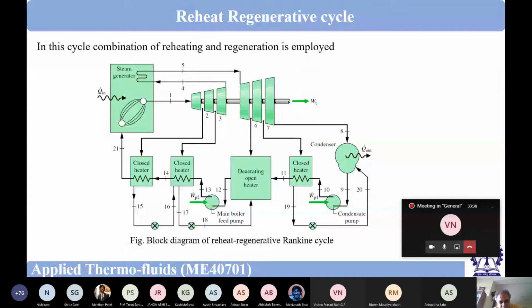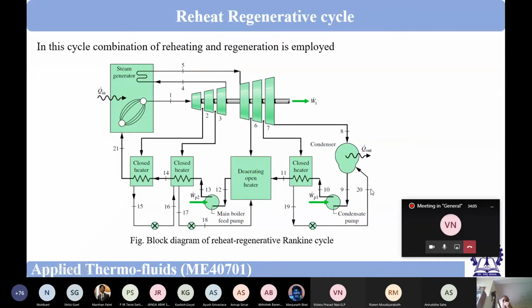Now, in many power plants this arrangement is there, but please try to remember this is not a good arrangement. This is a double penalty. It is done only due to convenience, and as this steam is a very low mass flow rate steam. But thermodynamically this is not a good arrangement.